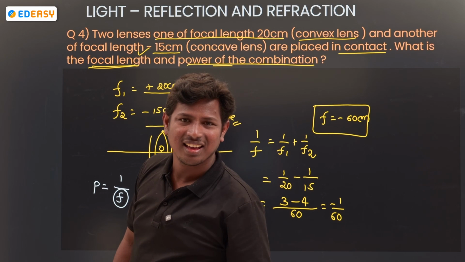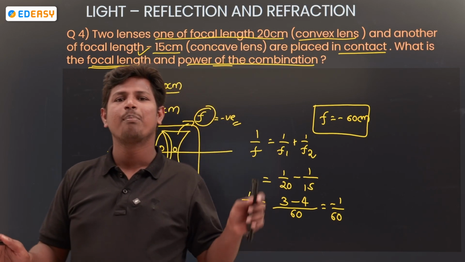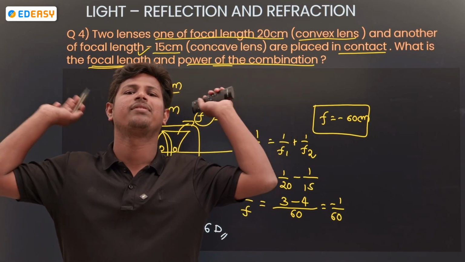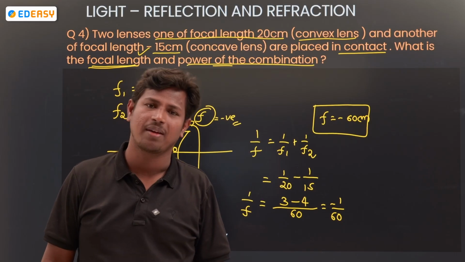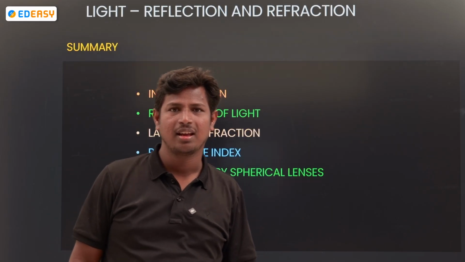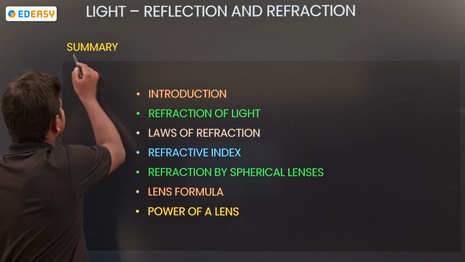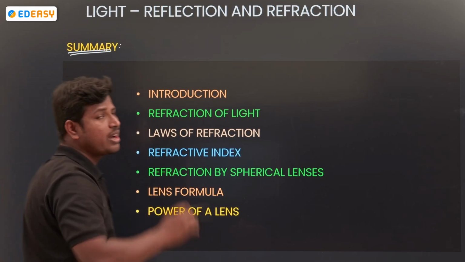Clear? Remember, power is equal to 1 by f. That is the formula to find the power of the lens. Clear? Next. We came to the end of the section.